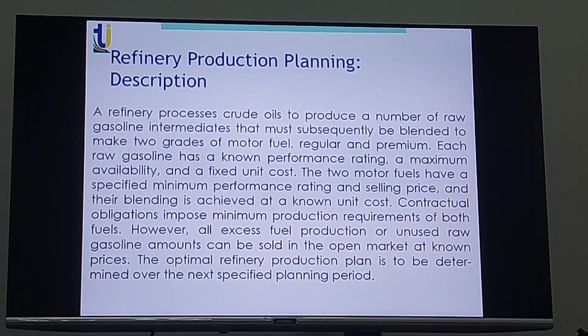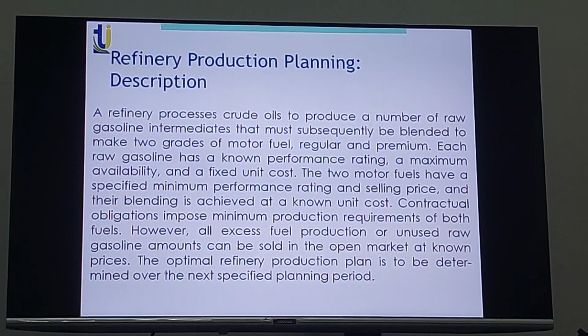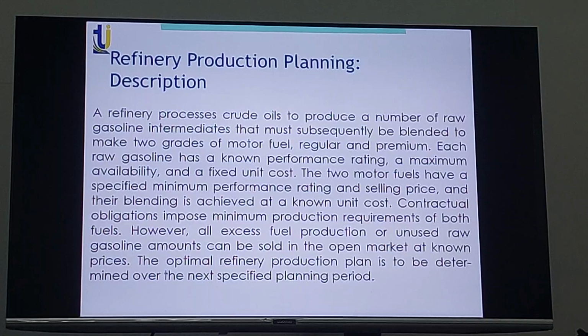So you start to see there are some variables there. Or actually a parameter, which is the cost. The 2 motor fuels have a specified minimum performance rating and selling price. Now you have selling price, you have performance rating, and their blending is achieved at a known unit cost. Then another piece of information about the cost of blending this. Contractual obligation, this is the regulation, a minimum production requirement of both fuels.